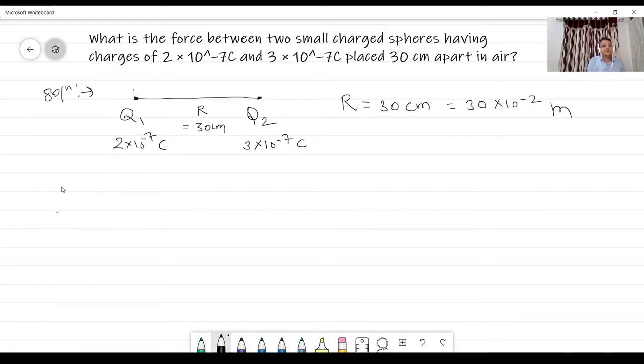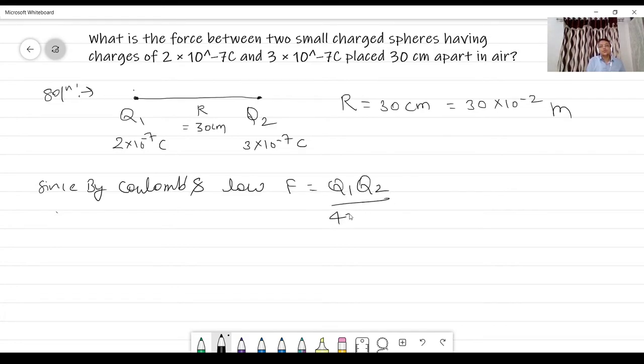After that, to find the force, we need to apply the formula of Coulomb's law here. By Coulomb's law we know that F equals q1 q2 upon 4 pi epsilon naught r square.